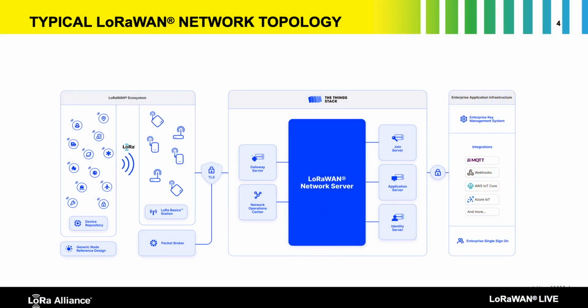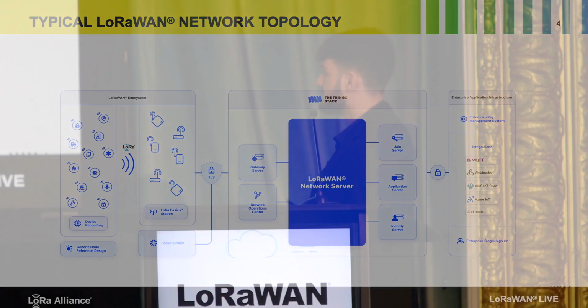A bit more on the LoRaWAN topology outside of the Things. In a typical LoRaWAN network, we have a number of components. On the most left-hand side, in this case here, we have the end devices. The end devices themselves are the bread and butter of LoRaWAN. They are constrained, low power, generally even battery-powered end devices that do certain actions.